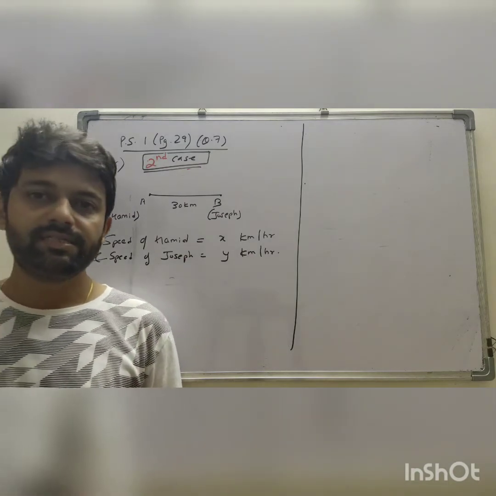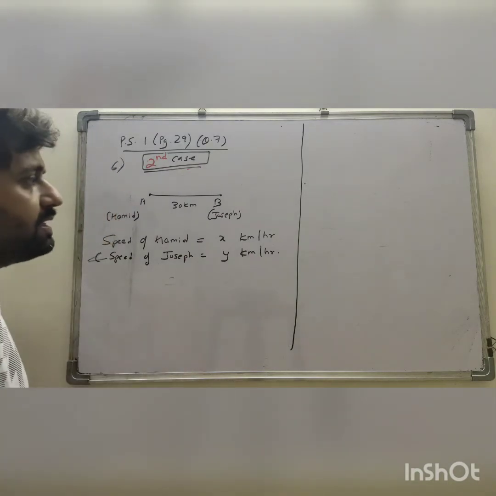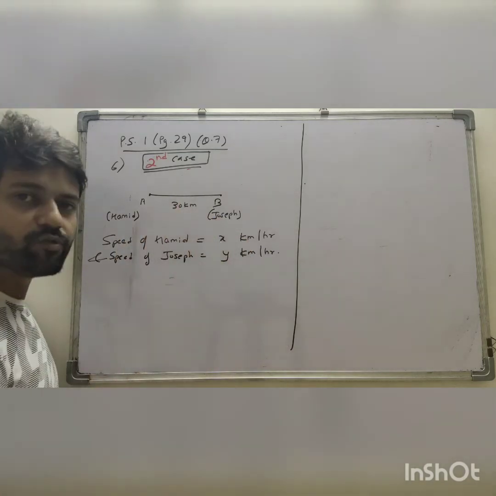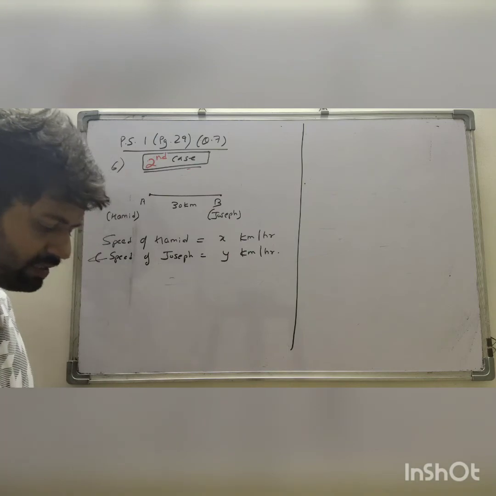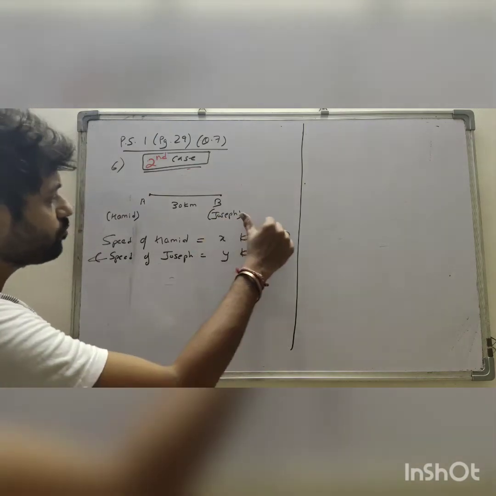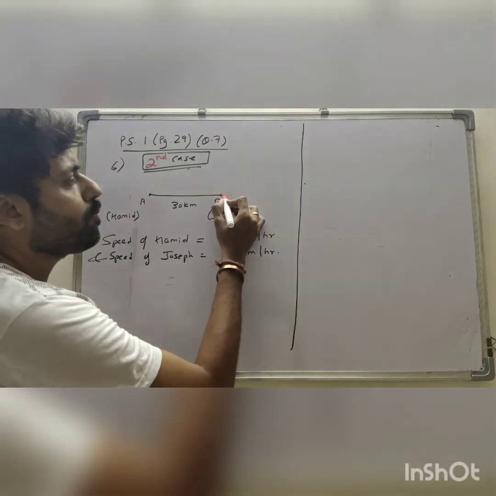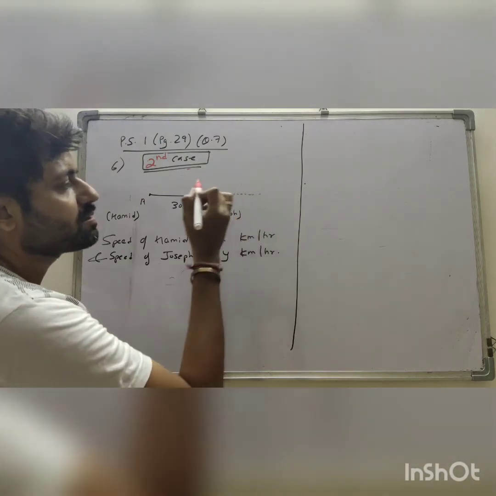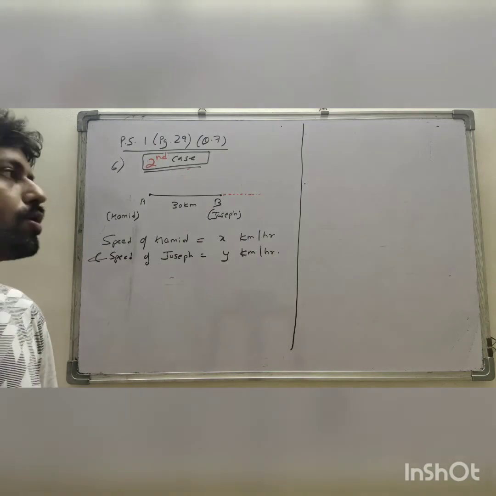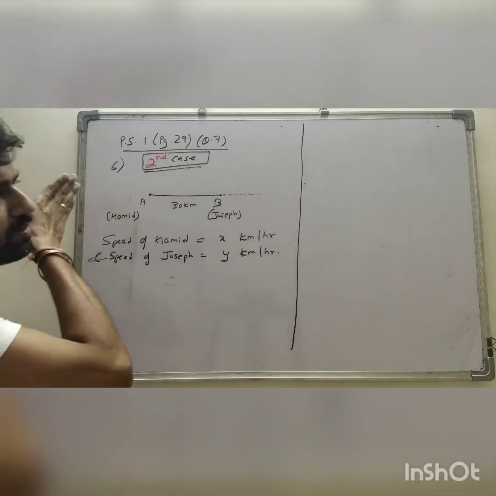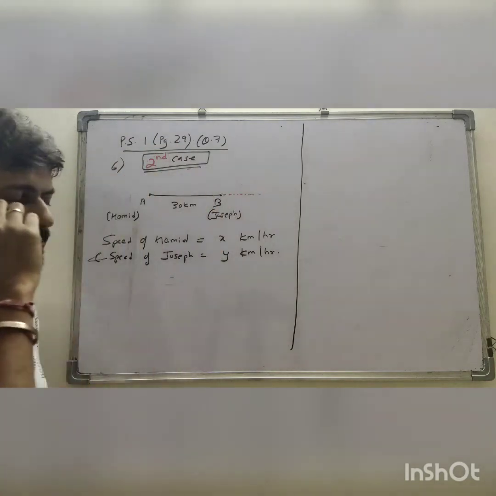Then what happens in the second case? In the second case, the direction of Joseph gets changed. Instead of traveling towards Hamid, Joseph travels in opposite direction. Joseph वो साइड जा रहा है. Hamid is going towards B only.